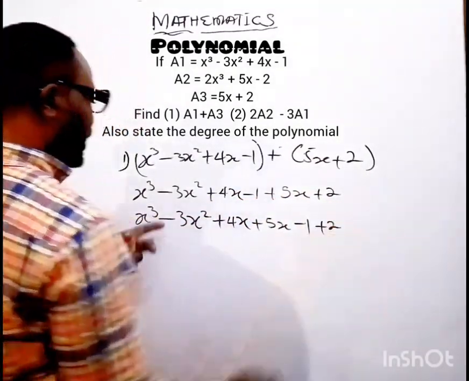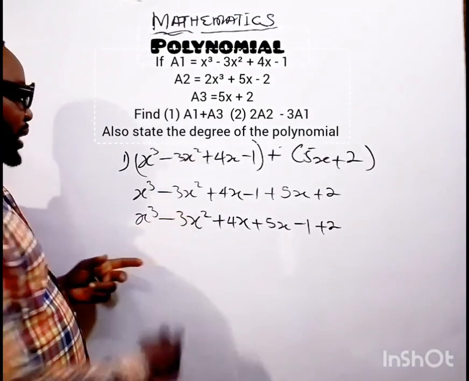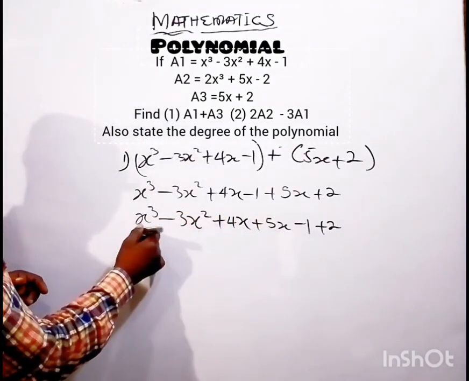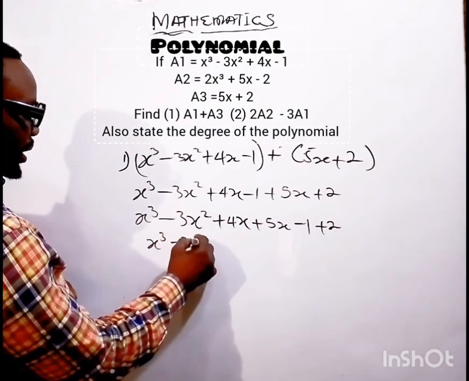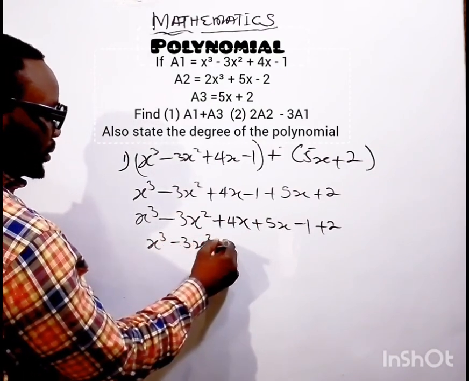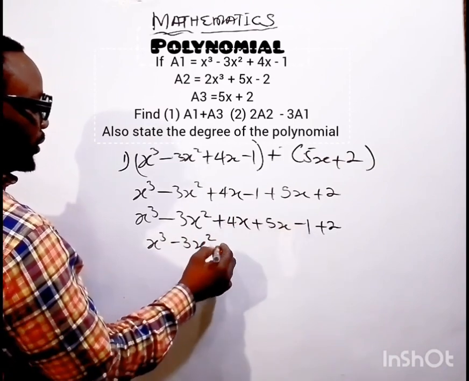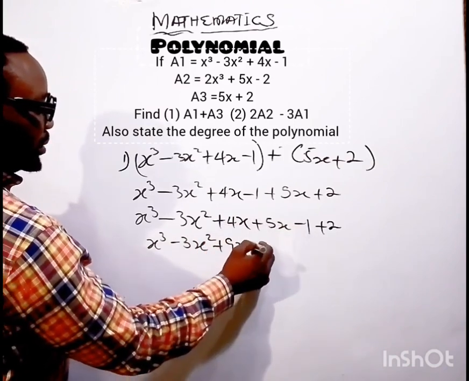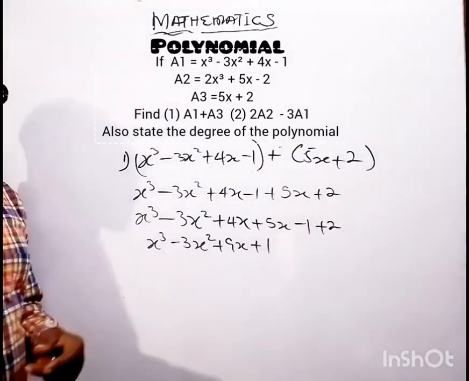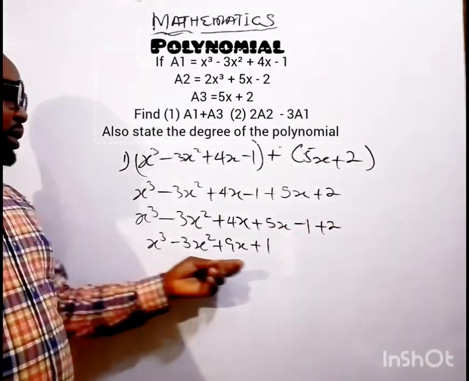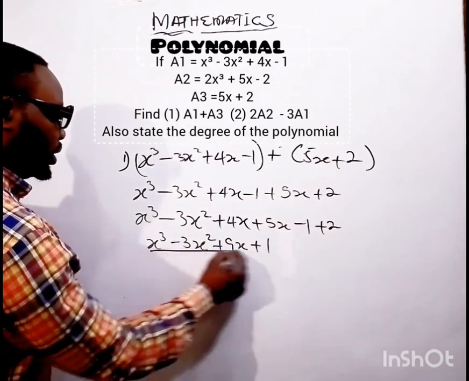We have collected the like terms like this. Then we now do the addition together. We're having x cubed minus 3x squared plus 4x plus 5x is 9x, plus 1. Minus 1 plus 2 is plus 1. So this is the answer to the question given to us.